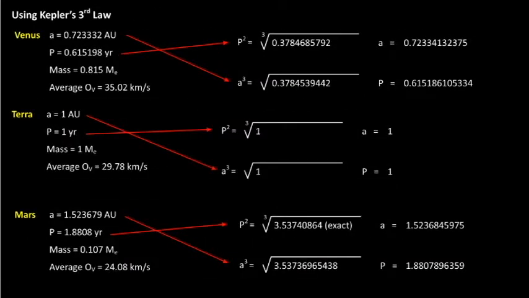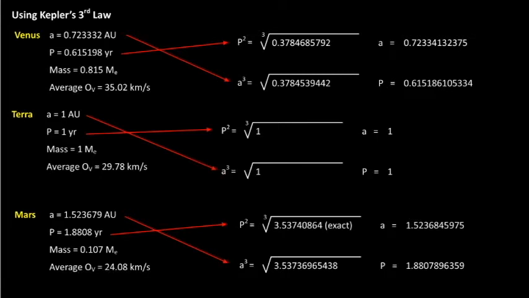All right, so using Kepler's third law, this is basically what he noticed. Okay, so I took 3 planets: Venus, Terra, which is Earth, and Mars. All right, and I translated the semi-major axis into astronomical units and the periods into Earth years.